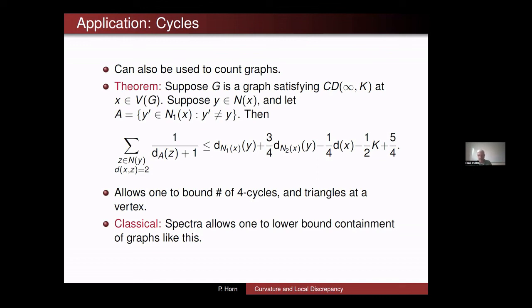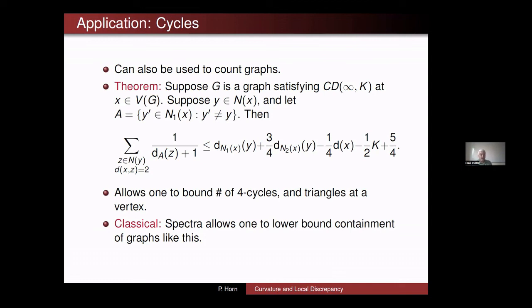And of particular importance in this is the role of 4 cycles. 4 cycles are particularly important for quasi-randomness because having the right edge density and the right number of 4 cycles from a random graph actually forces your graph sequence to be quasi-random.